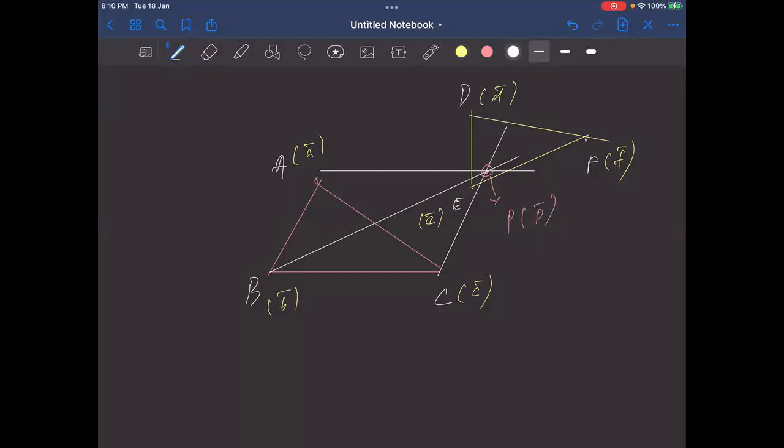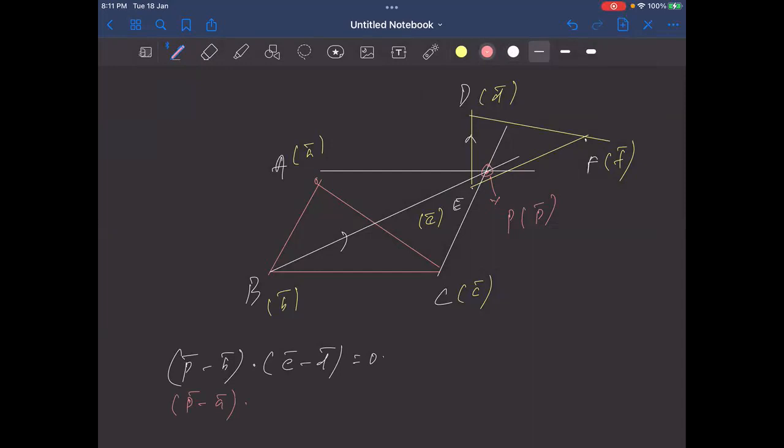So this vector is perpendicular to this one. So do we have (p minus b) dot with (e minus b), it becomes 0. Similar way, we'll get (p minus a) dot with what?